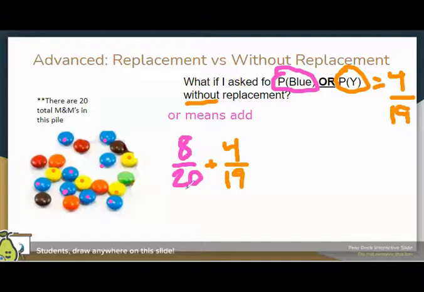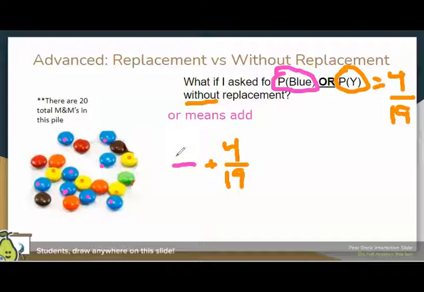And I want us to look at this. If you notice, earlier when I talked about OR and adding, I said don't simplify your fraction because you need a common denominator. Well, these don't even have a common denominator. So I'm going to go ahead and simplify this fraction because it's going to make my life a little bit easier.